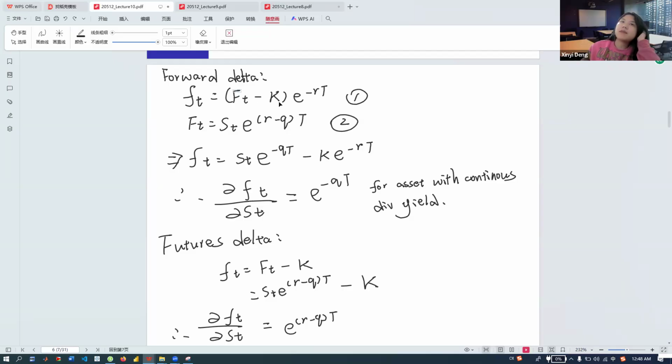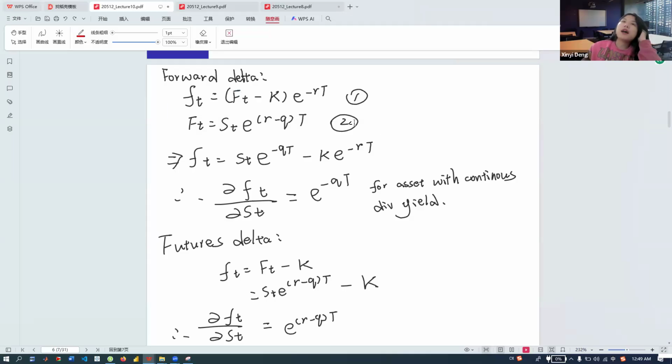That's a FT minus K here, and we have to discount it back for the forwards, since FT minus K is realized at maturity. Then we also know from previous sessions that FT is equal to ST times e to the power of (r minus q)T.